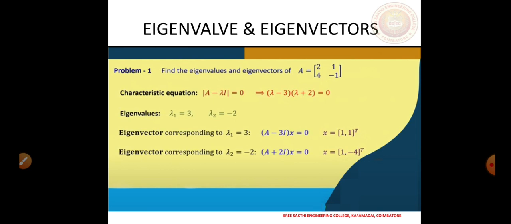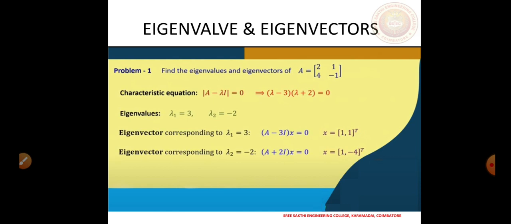Now the determinant is the product (2 minus lambda) times (minus 1 minus lambda), minus 4, equal to 0. Expanding gives minus 2, minus 2 lambda plus lambda, plus lambda squared, minus 4 equal to 0.